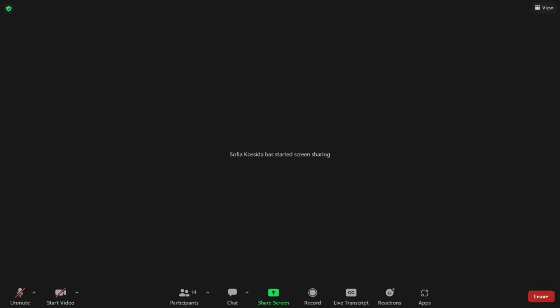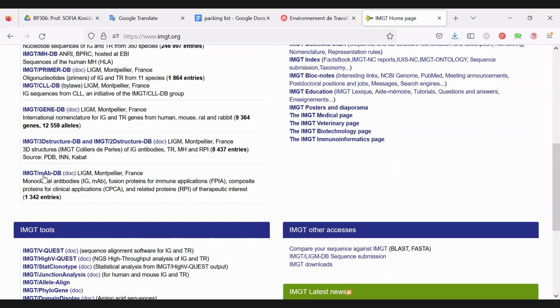I'm within IMGT, the main page. Everyone knows about this so far. I click at MapDB, monoclonal antibody database, and I had shown you this, just to refresh our minds. It's loading.